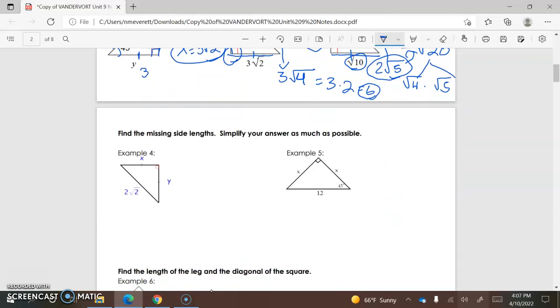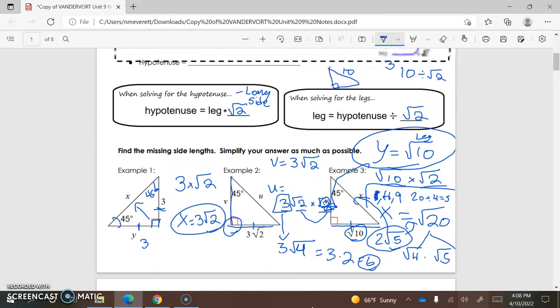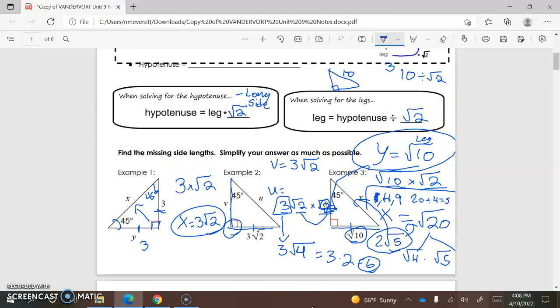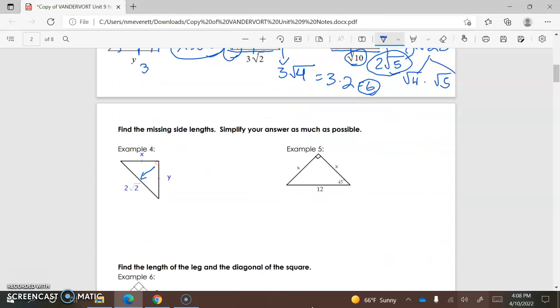Okay? Alrighty. So now we got this right here. So for these ones, we're given this hypotenuse. Alright? So because we have the side across from the right angle, they give us the hypotenuse. Now remember, if I want to solve for the leg, I got to take this hypotenuse and divide it by square root of 2. So what I'm going to do is 2 square root of 2 divided by square root of 2.